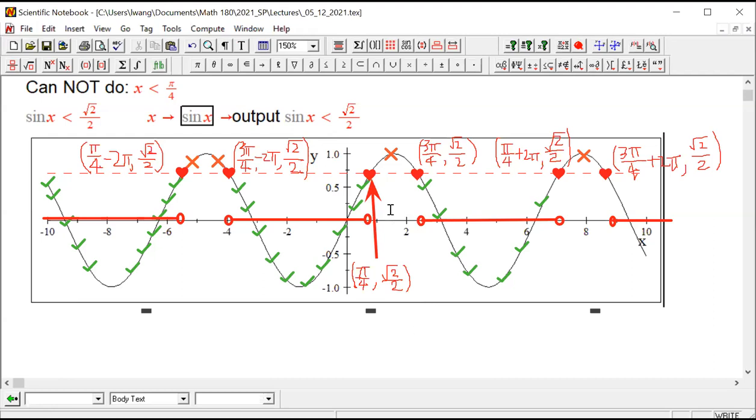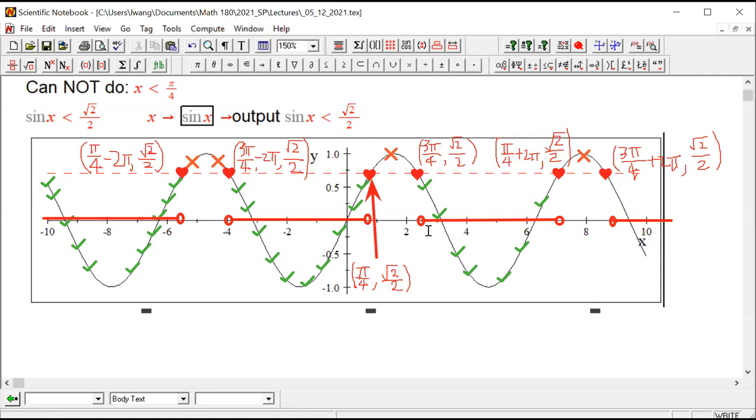We can describe, for example, this interval. This interval is 3π/4 to what? To π/4 plus 2π.